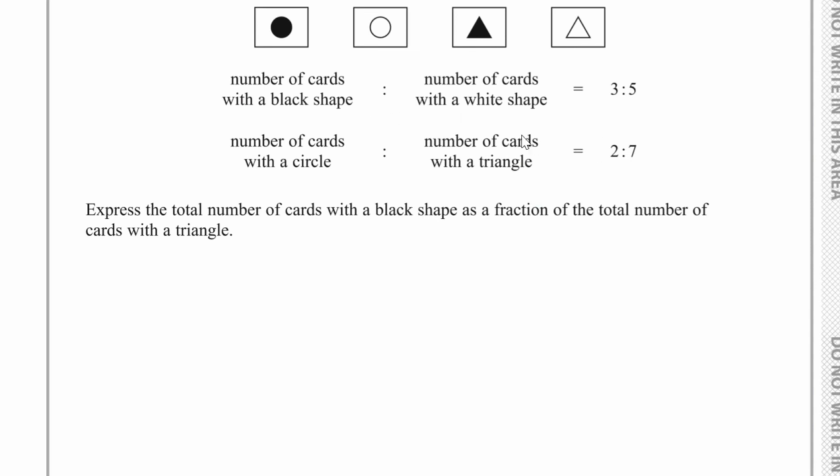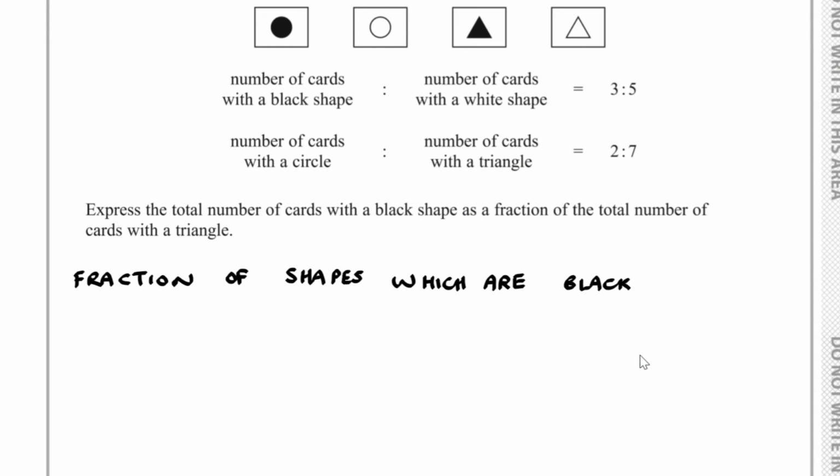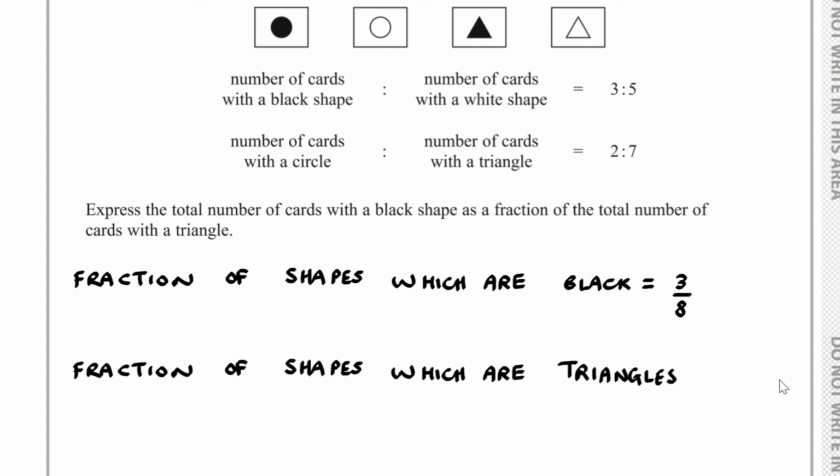Well, from these ratios, from the first ratio, we can see that the fraction of shapes which are black, well, I've got 3/8. That's the fraction of shapes which are black. What I can now do is find out the fraction of shapes which are triangles. That will equal 7/9.